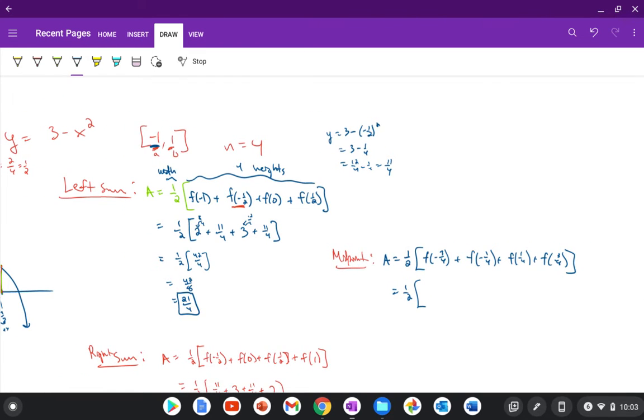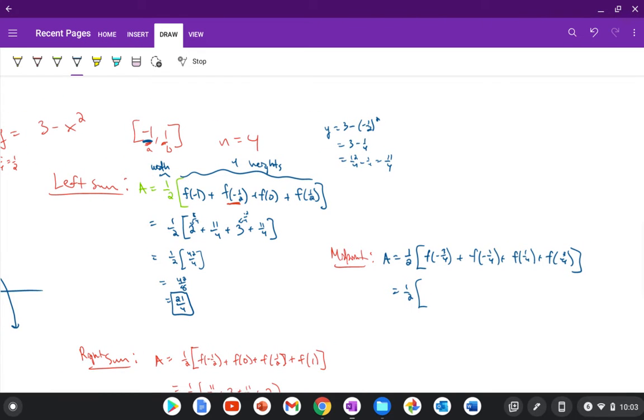So f of -3/4, that's going to be 9/16. So we'll just do one of them here. It's going to be 3 minus 9/16. So we need to change the 3 into 16ths. So that's going to be 48/16 minus 9/16. So that gives you 39/16.